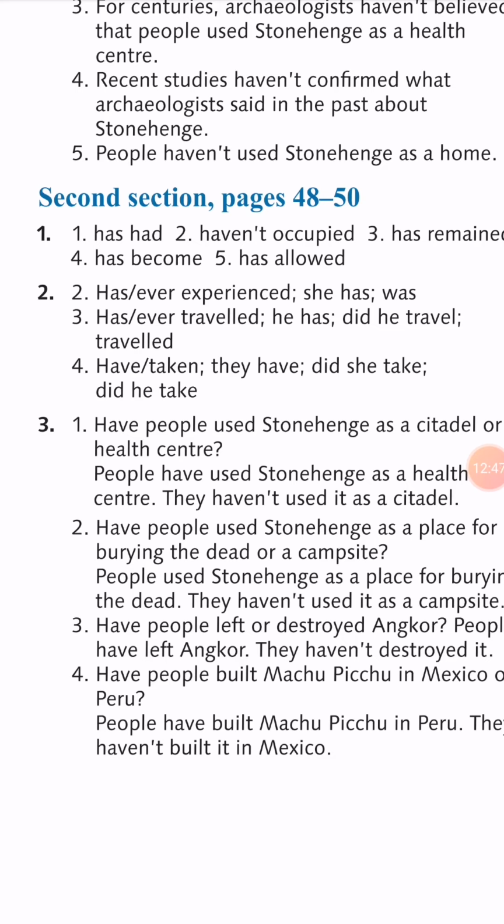What is the correct answer for the question? Have people used Stonehenge as a citadel or a health center? The answer in the affirmative: people have used Stonehenge as a health center. They haven't used it as a citadel. If you want to make the negative form, you have to add not to has and have.